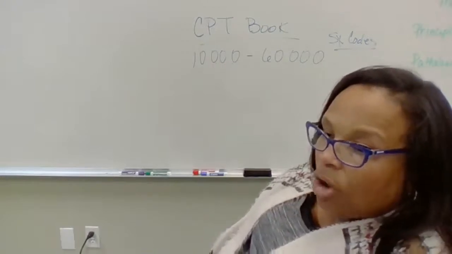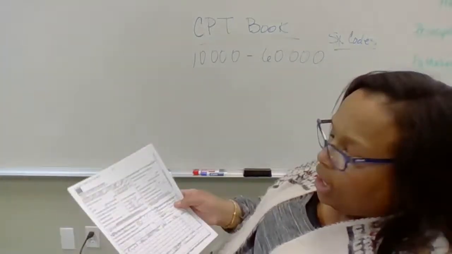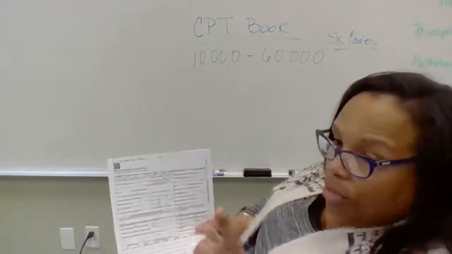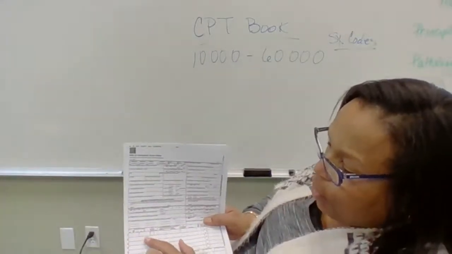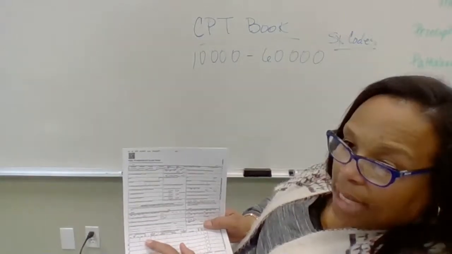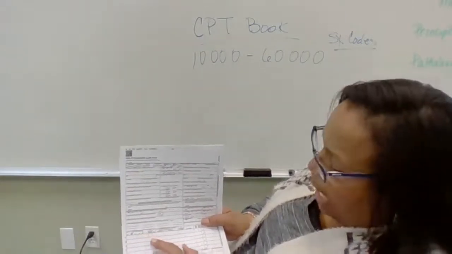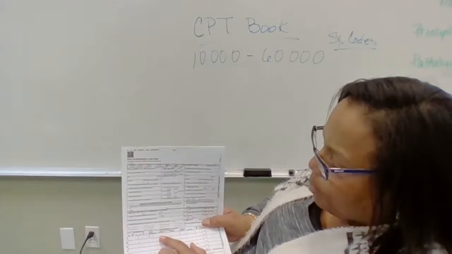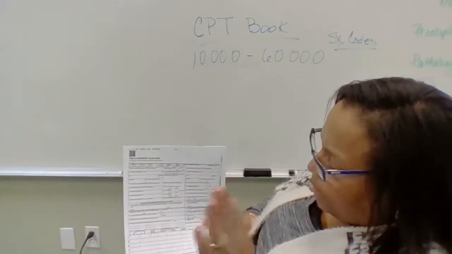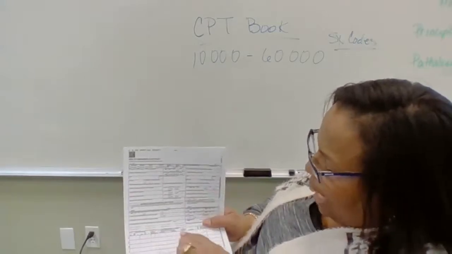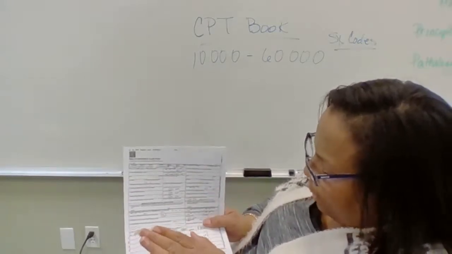Did y'all get that? So what Diana did on one line, and you can do this, you can put May 18 through May 21, 2018. You can do that and use one procedure code with the diagnosis code, the place of service code, the type of service code, and the same diagnosis pointer.